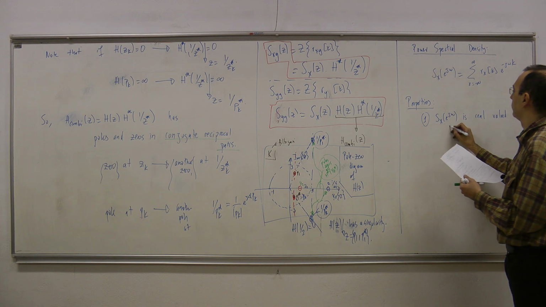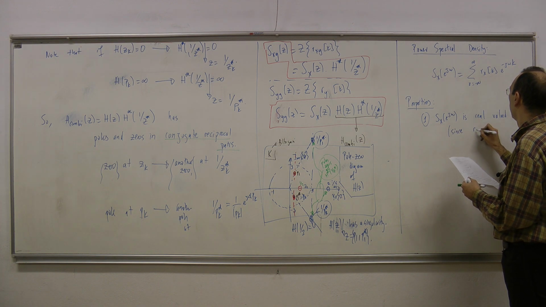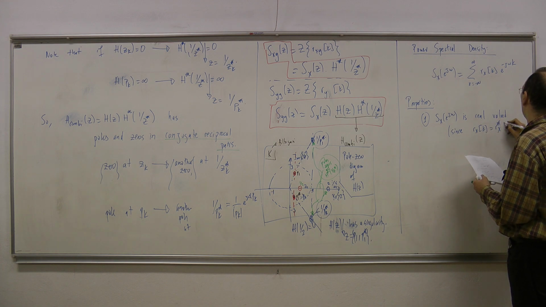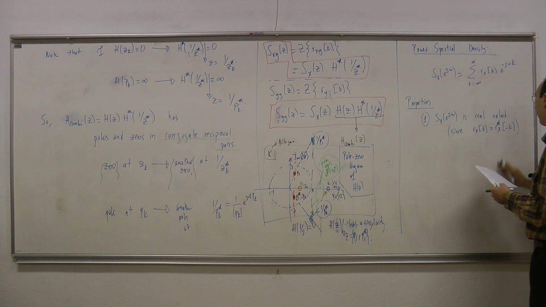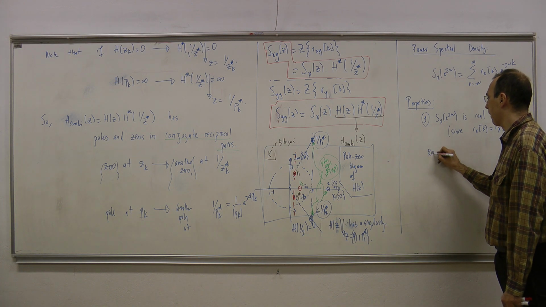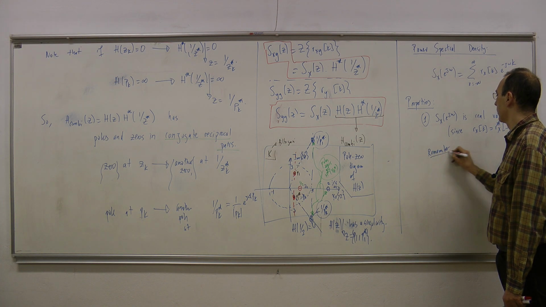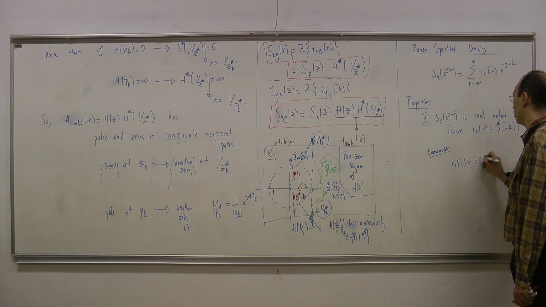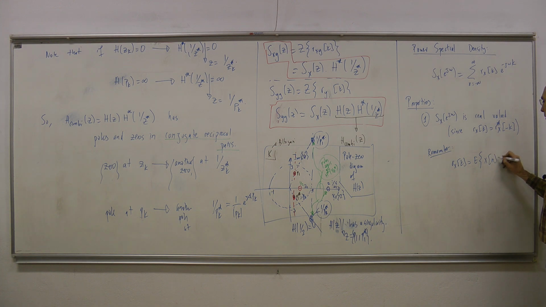The reason is that Rx of k is equal to Rx conjugate of minus k. So what is this? Remember, Rx of k is equal to the expected value of x of n times x conjugate of n minus k. This is the definition.